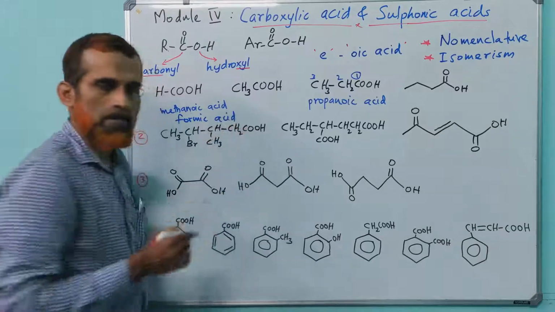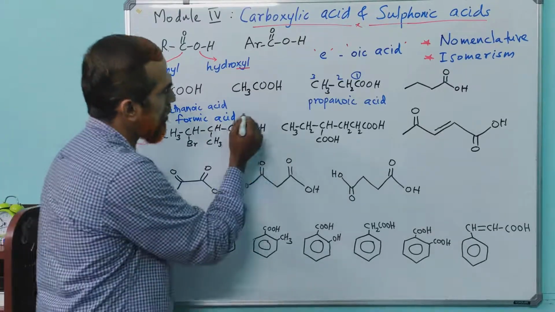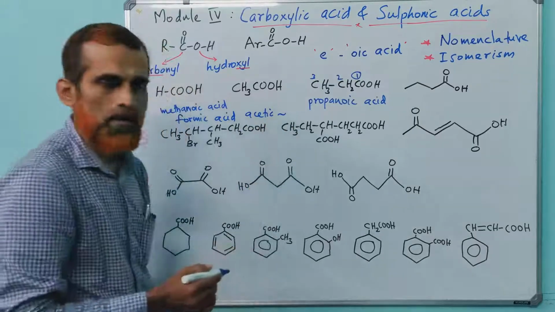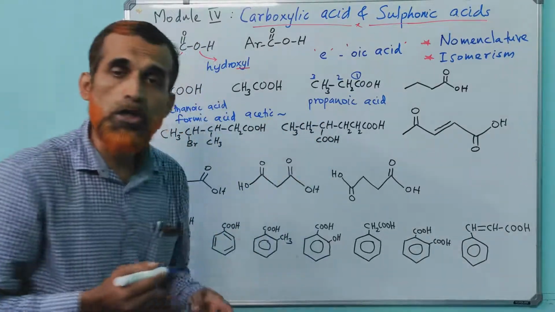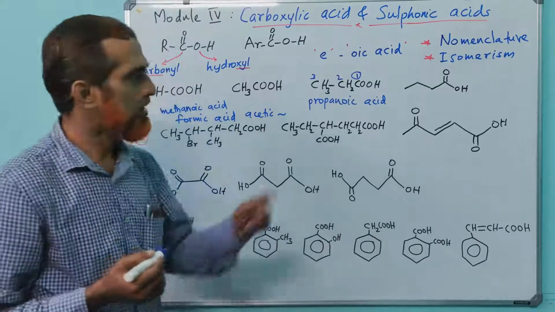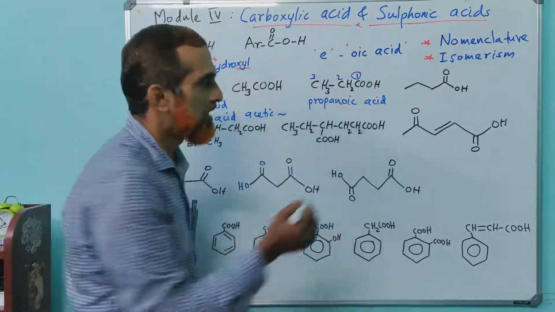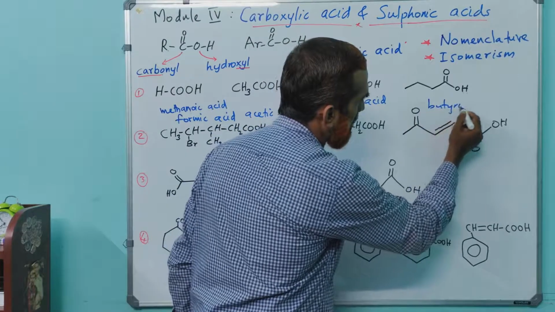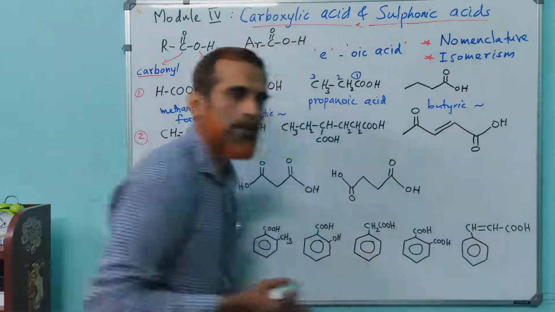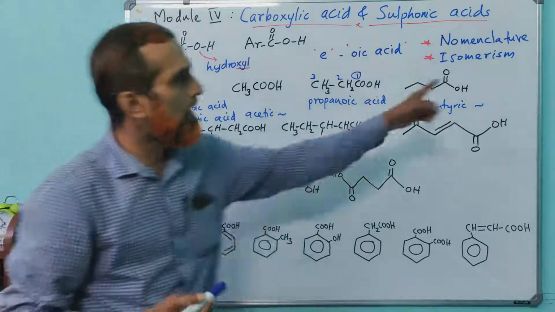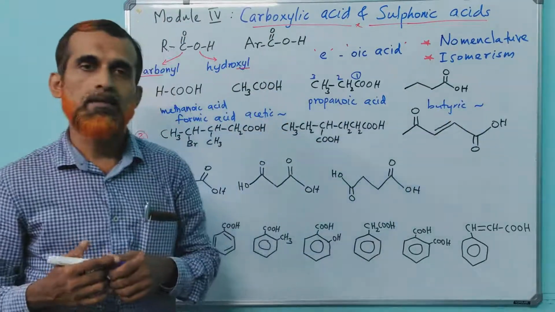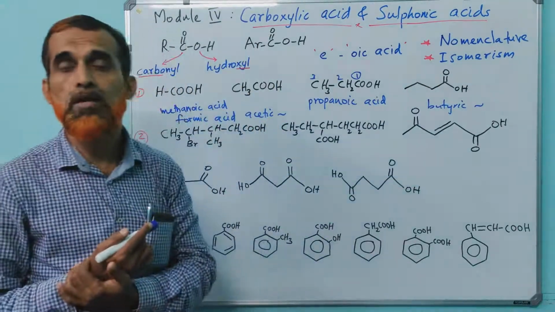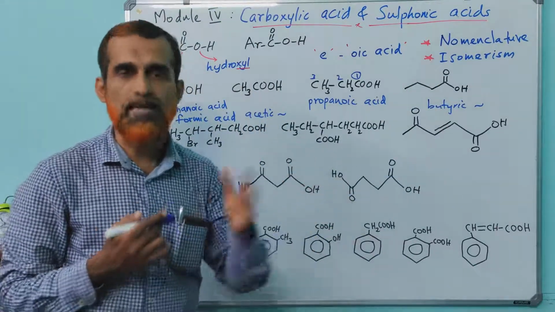Ethanoic acid, commonly called acetic acid. Okay. Propanoic acid is called propionic acid. Butanoic acid is commonly called butyric acid. Okay. Butyric acid. And then pentanoic acid is called valeric acid. Then hexanoic acid is commonly called caproic acid, etc.